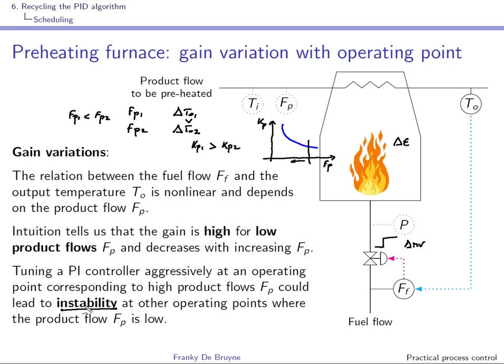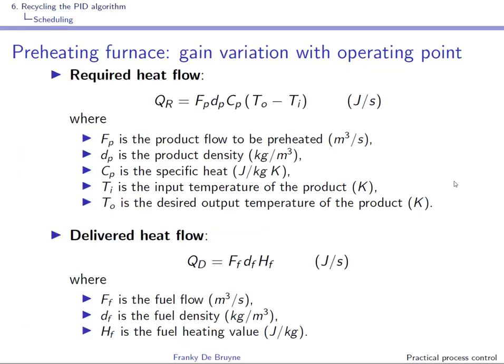So we have to adapt the controller gain to the product flow in such a way that we can maintain the static loop gain constant over all the operating points. These are the two equations that we have seen when implementing the static feed forward.